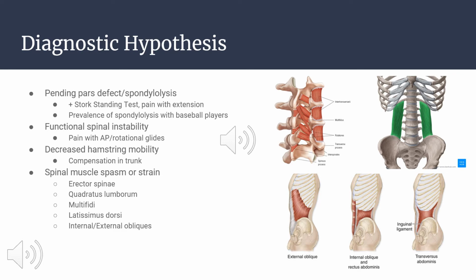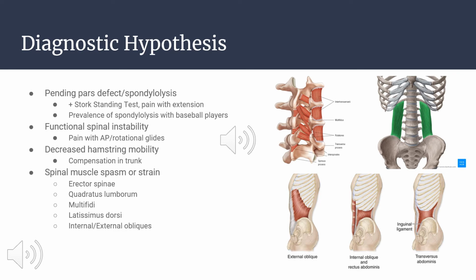Diagnostic hypothesis. So considering everything we've seen in this case so far, although it wasn't particularly identified on imaging, there could be a possibility of a pending pars defect, which could lead to spondylolysis or spondylolisthesis at the extreme. So he did demonstrate a positive Stork standing test, which is for pars interarticularis issues, and he did demonstrate pain with extension, which puts the spine in the closed pack position and puts more force on the vertebrae and probably the pars interarticularis as well.